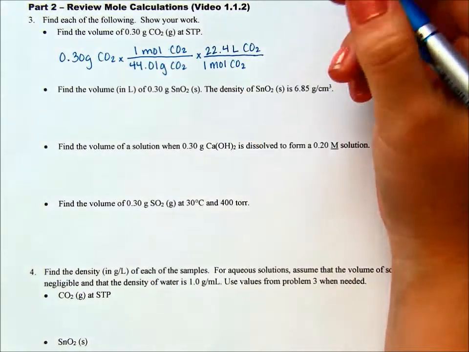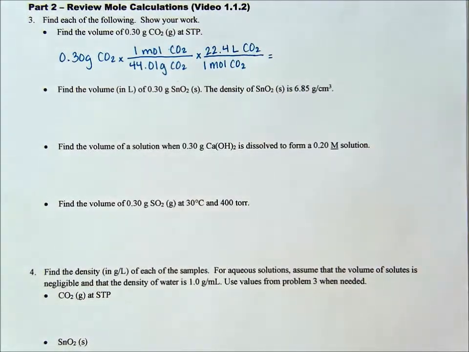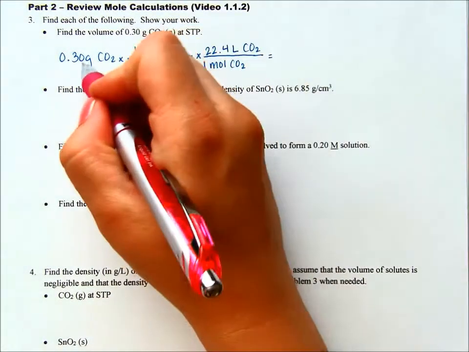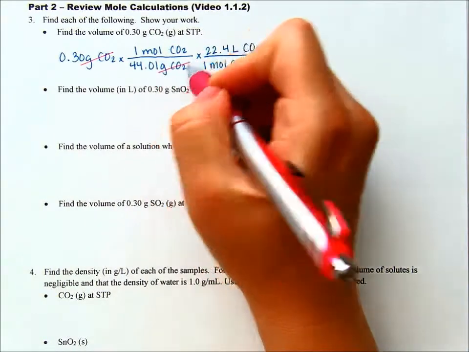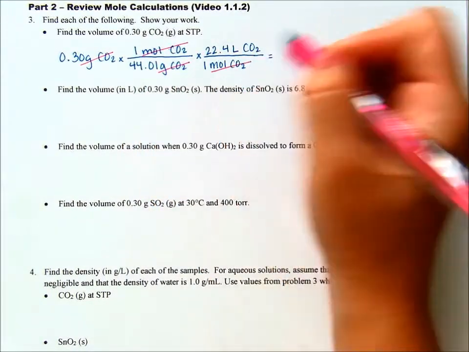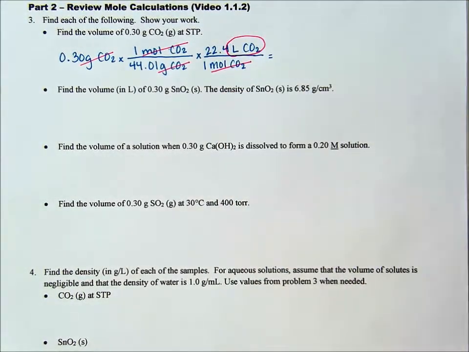So liters of CO2. And when we cancel all our units out, we'll see that we're left in liters, which is what we wanted. So our grams cancel out here and here. So remember, top to bottom, grams cancel. Moles of CO2 cancel here and here. And we're left with what we want, which is our liters of CO2.